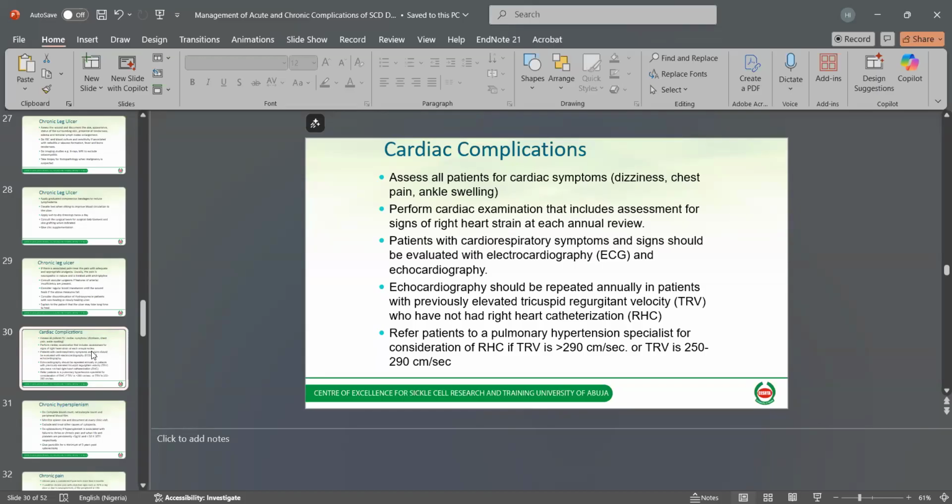Refer patients to a pulmonary hypertension specialist for consideration of right heart catheterization if the TRV is greater than 290 centimeters per second or is between 250 and 290 centimeters per second.